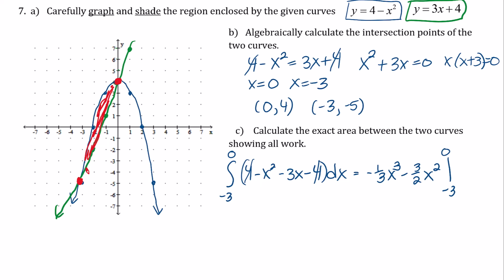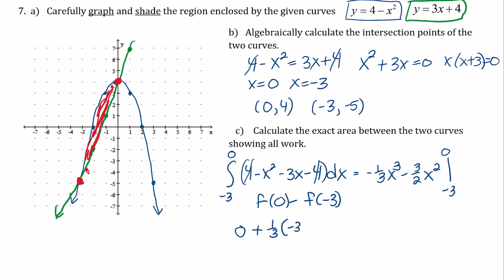So as we do our evaluation, we would do F of 0 minus F of negative 3, and we see when we put 0 in there that we get 0. So we have 0, and then we need to subtract the lower limit, so that'll be minus a minus, make it a plus.